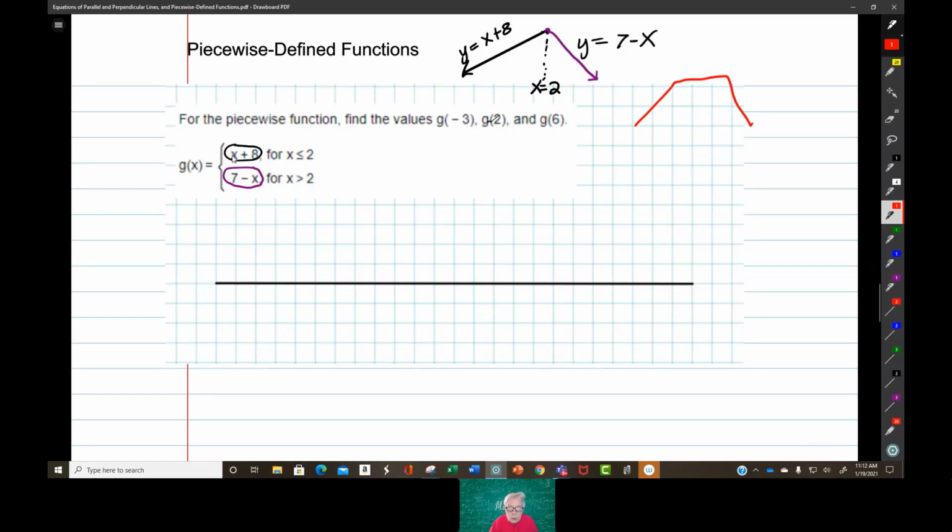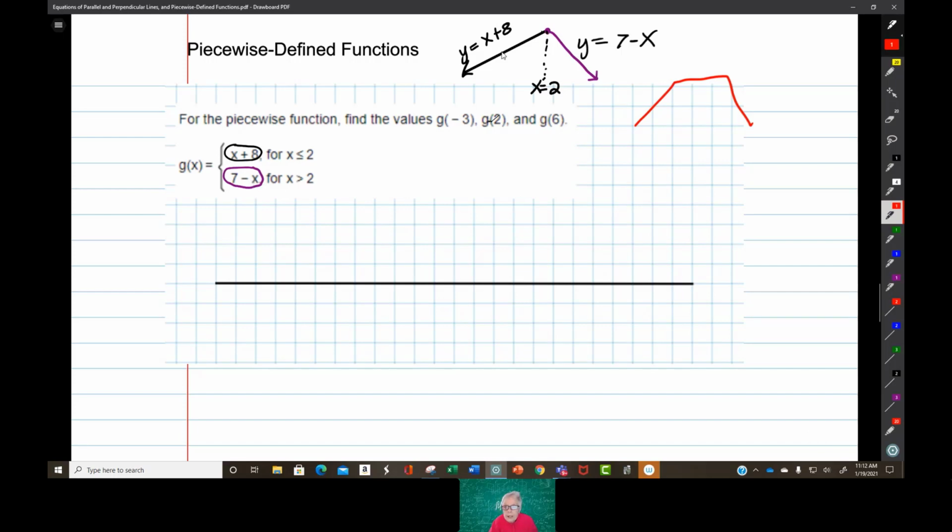G of x equals x plus 8 for all the x's on the number line that are less than or equal to, or to the left of, 2. Less and left are the same thing. On the other hand, on the right side of 2, you've got y equals 7 minus x.